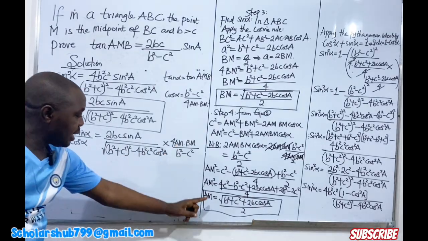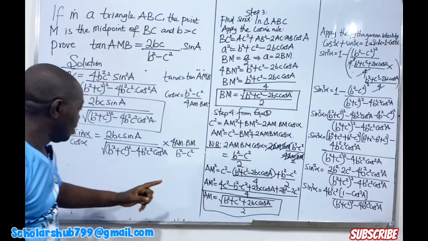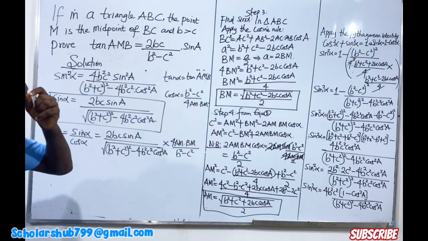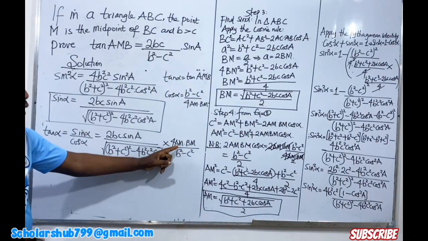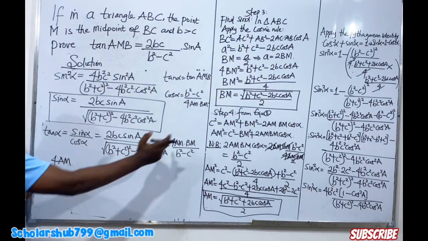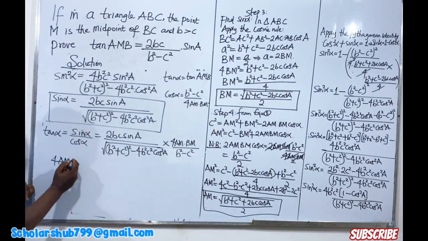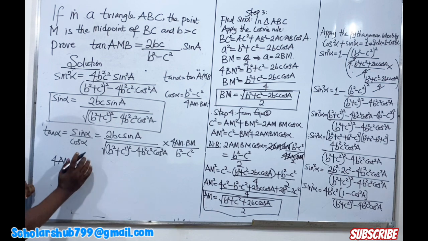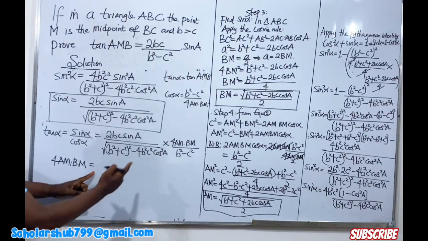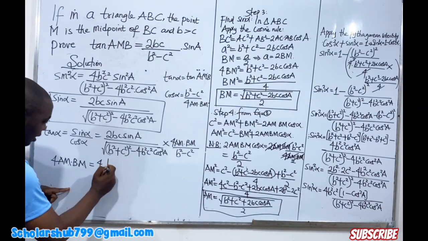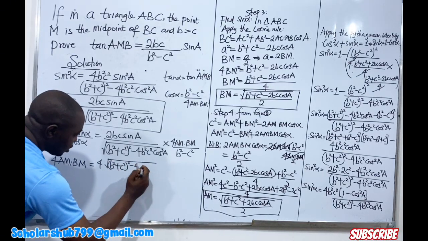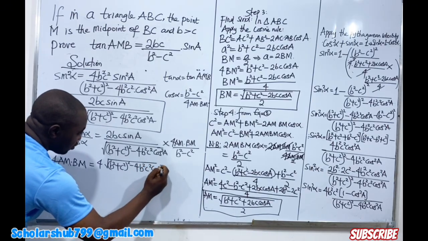Now, when we multiply AM by BM, we're going to obtain, what I'm saying is that 4 AM times BM will be equal to 4 multiplied by the root of b squared plus c squared, squared, minus 4b squared c squared cos squared a.